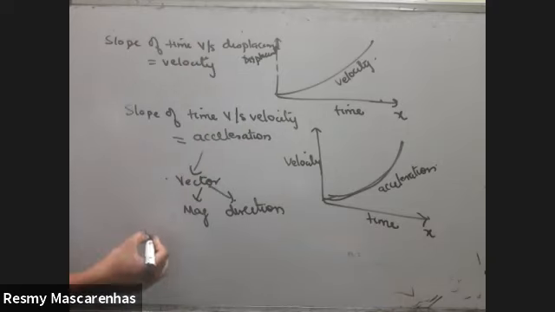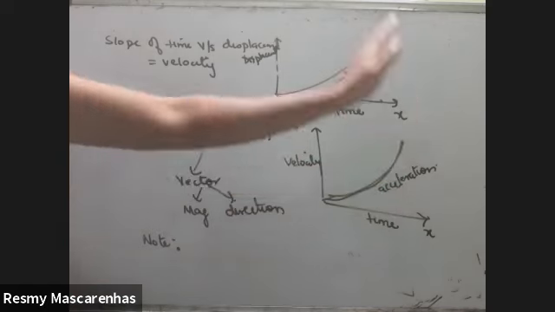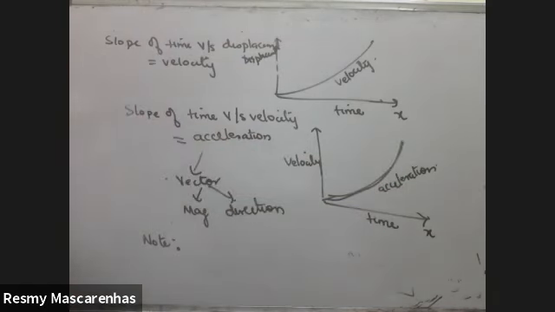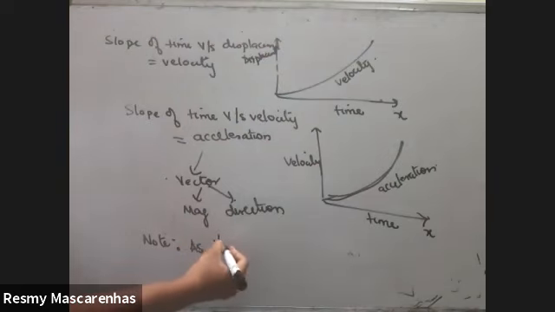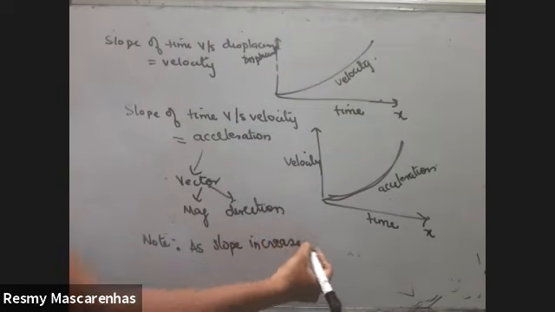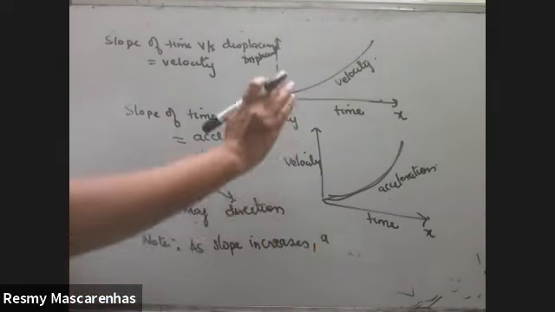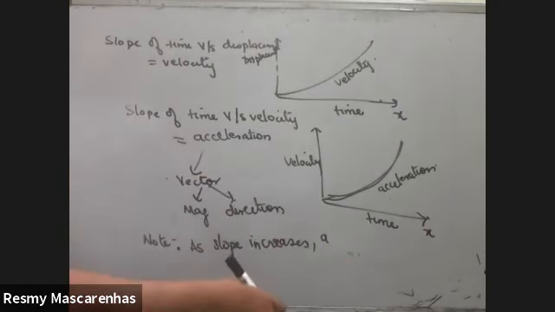One note. Slope means what? If you are riding a bike also, how do you understand something is increasing or something is decreasing, that is called a slope. So note, as the slope increases, definitely you know that on a slope, if you keep your constant speed of the bike, it will start coming back down.